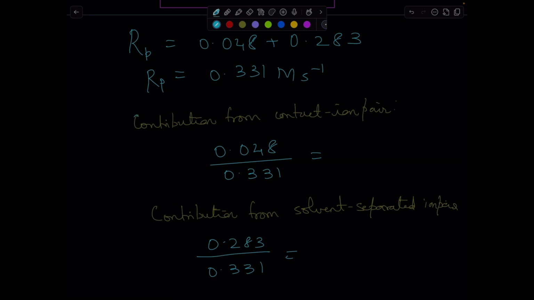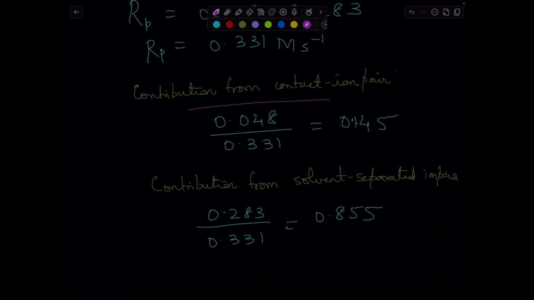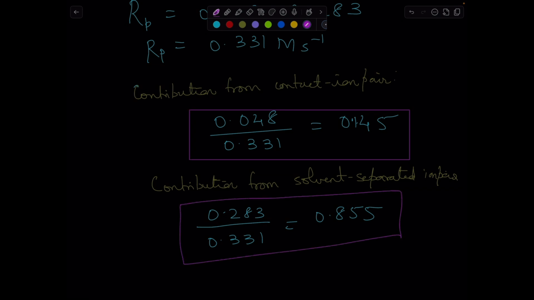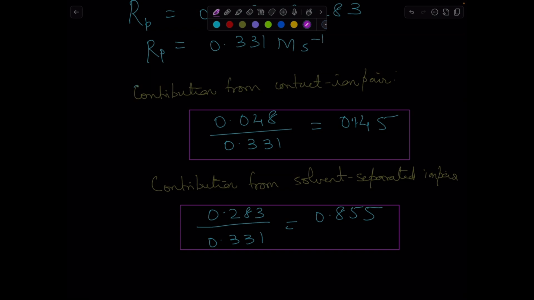So let's see what that comes to. 0.145 and 0.855. So these are the contributions. Also, we said that if one of them is x, the other one should be 1 minus x, and we can verify that by seeing that 0.145 plus 0.855 is 1.